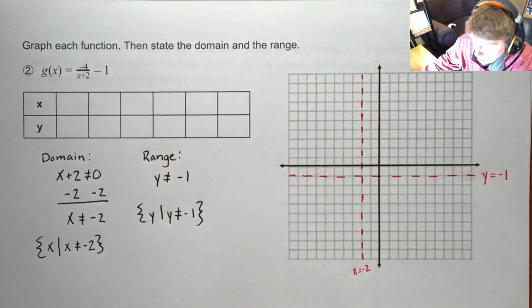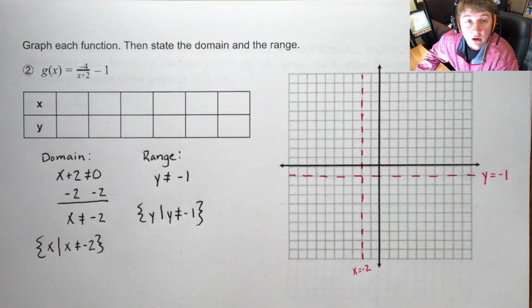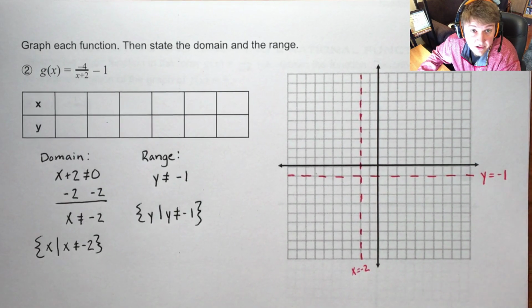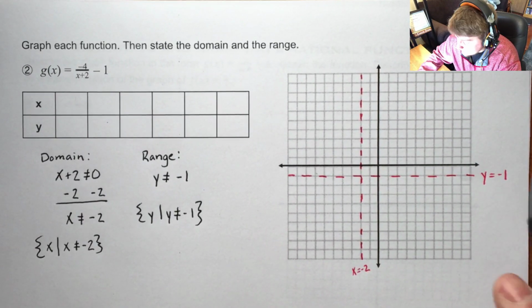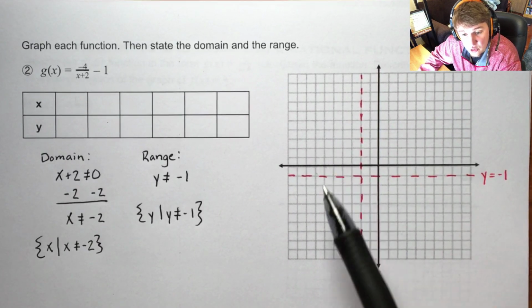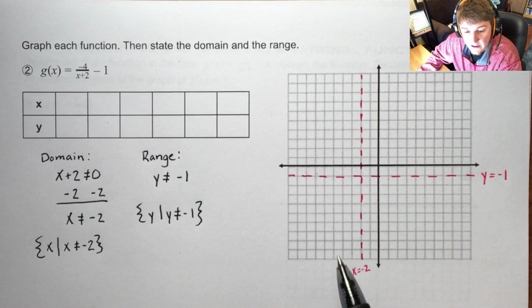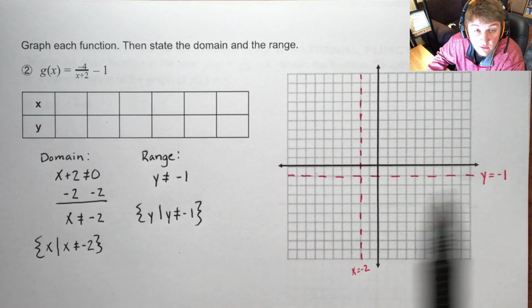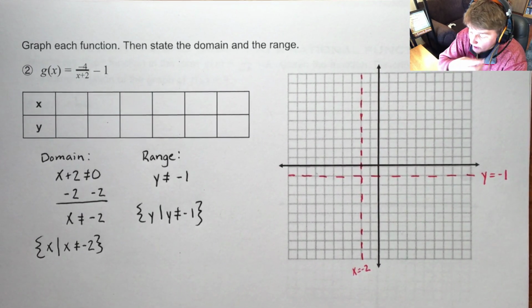So I can get all real y values out of my graph as long as y isn't equal to negative 1. That's what that's saying. Now we actually have to start the actual graph of the function. This is required. I need to see this line here, and I need to see this line here, as well as the domain and range when you're doing these problems independently.